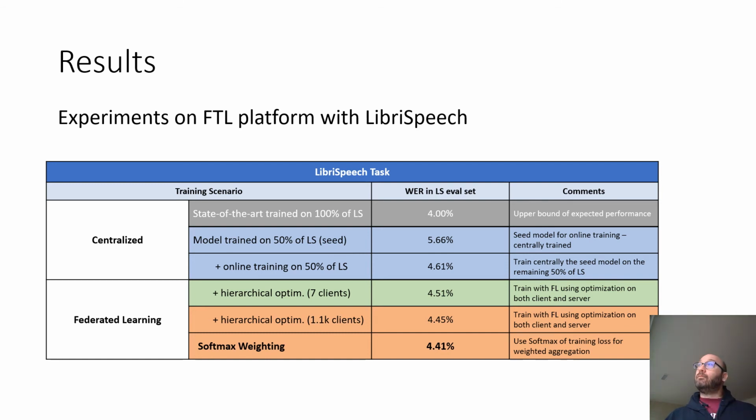For the federated learning-related experiments, the training is split into two parts of 460 hours of speech each, with no overlapping speakers. The first part is used to train a seed model, without ever using this data again. Then, the second part of the dataset is used to simulate online training, under the federated learning conditions.